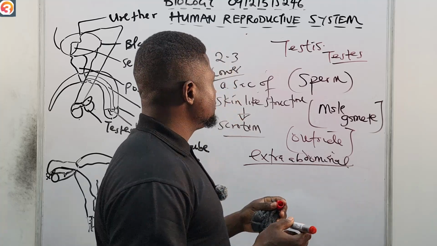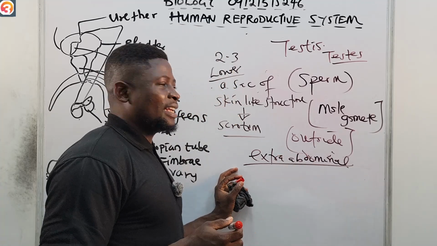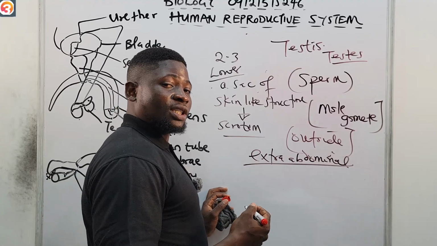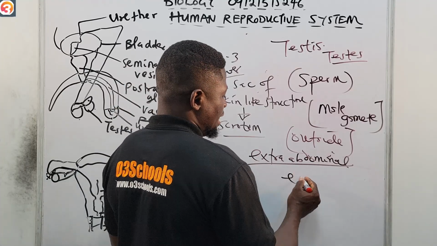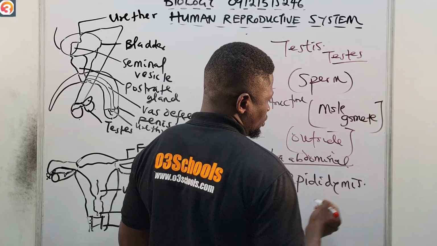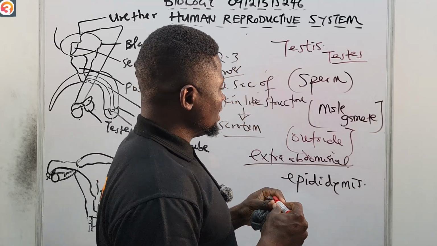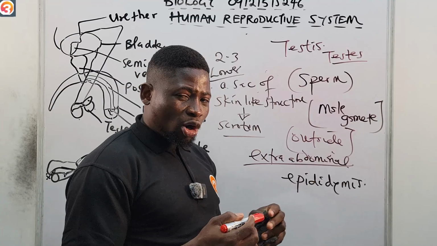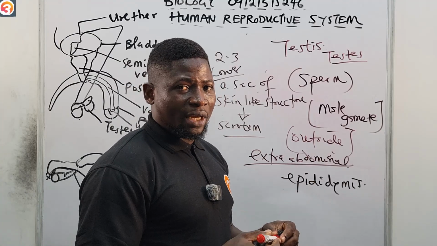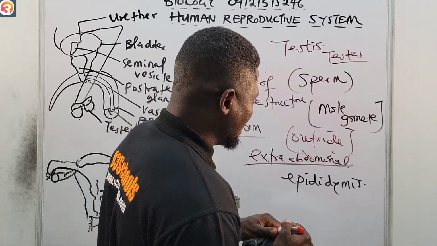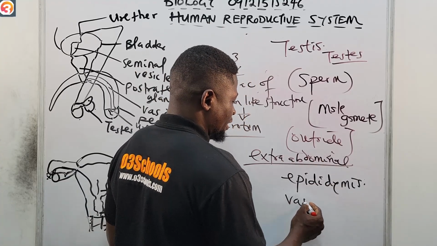Now, once the sperm is produced, it is sent to the next part of the male reproductive system, called the epididymis. In the epididymis, it is stored temporarily, and then it goes to the next part, called the vas deferens.